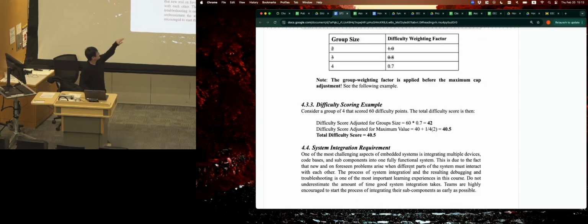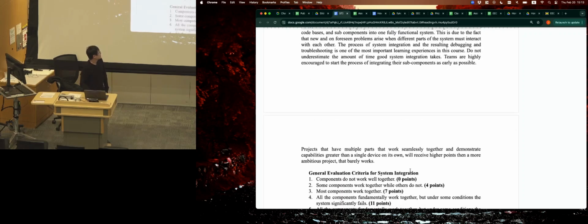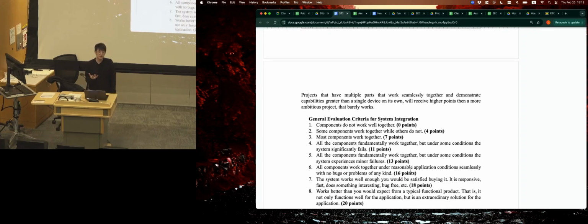So here are a little bit more details on the calculations with some examples. Another big part is how well the whole system works together, right?